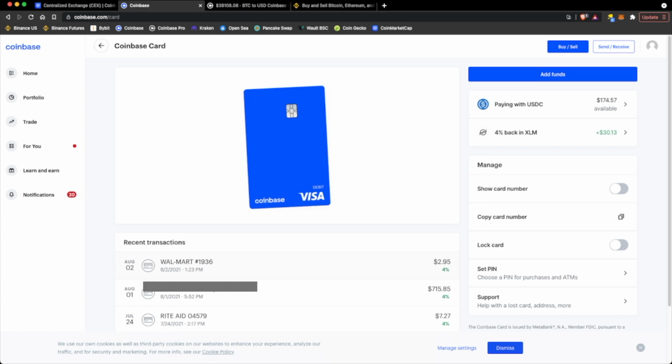We're going to see another exchange later on called Voyager that does something similar to this, where we can use USDC as a savings account essentially and earn 9% back on the savings account. So together, you can think of the Coinbase debit card as being a replacement for a checking account, and you can earn 4% back on that.